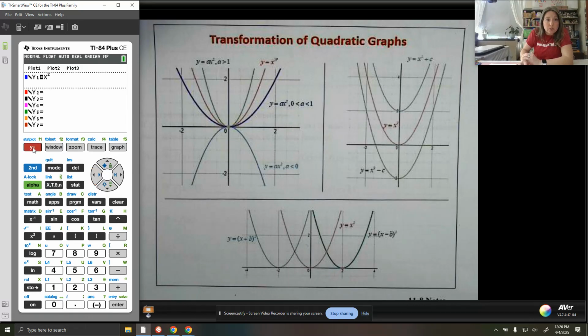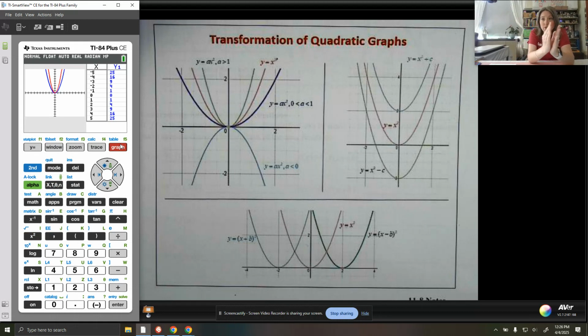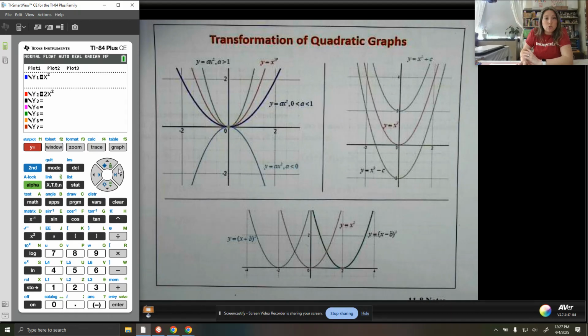Let's try that, see what that looks like. We leave our parent and we do y equals 2x squared. Look, that narrows me up a little bit. Okay, wait a minute, let's do y equals 1/2 in front of the x squared.